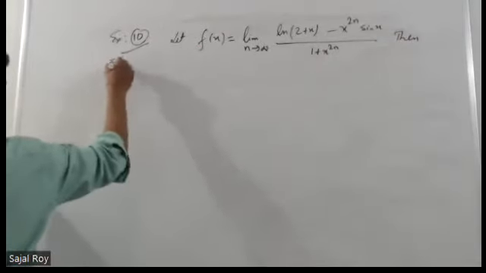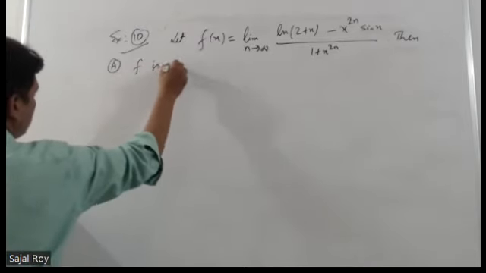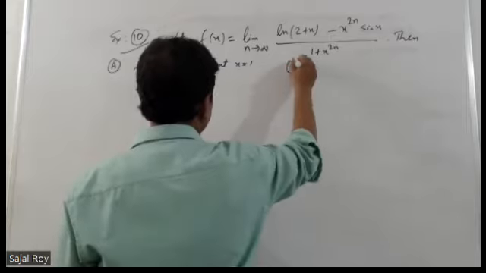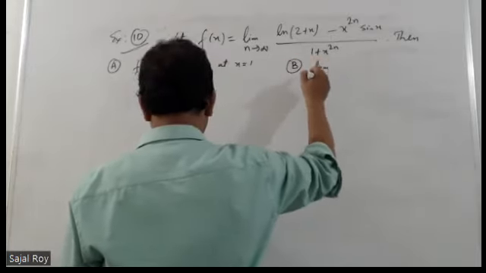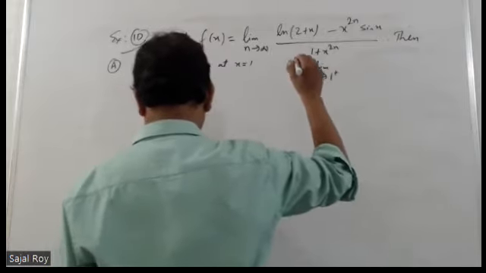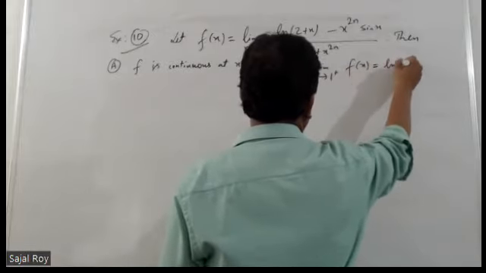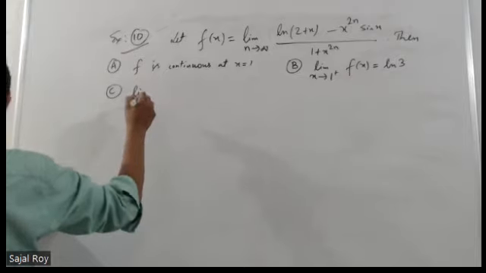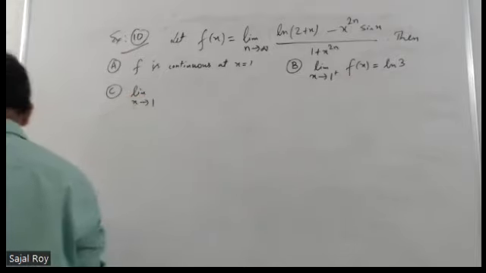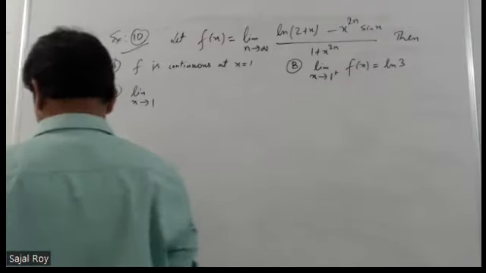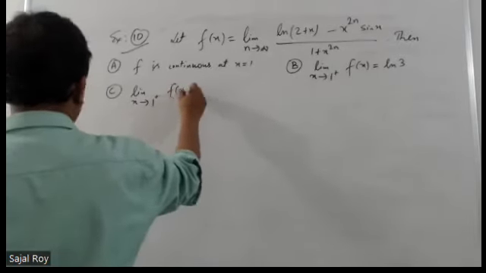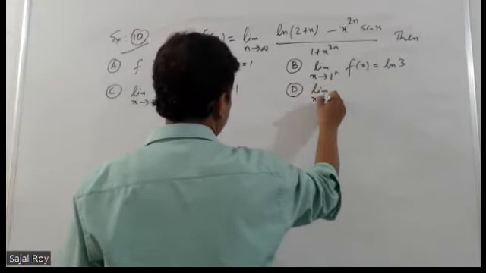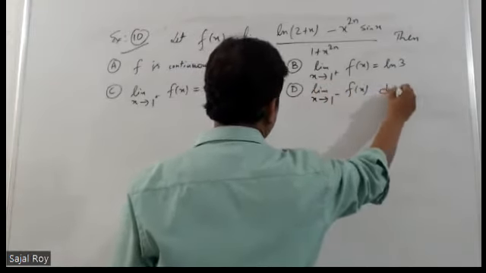Then if f is continuous at x equal to 1: option A, limit x tends to 1 plus f(x) equal to ln 3; option C, limit x tends to 1 plus f(x) is equal to minus sin 1; and option D, limit x tends to 1 minus f(x) doesn't exist.